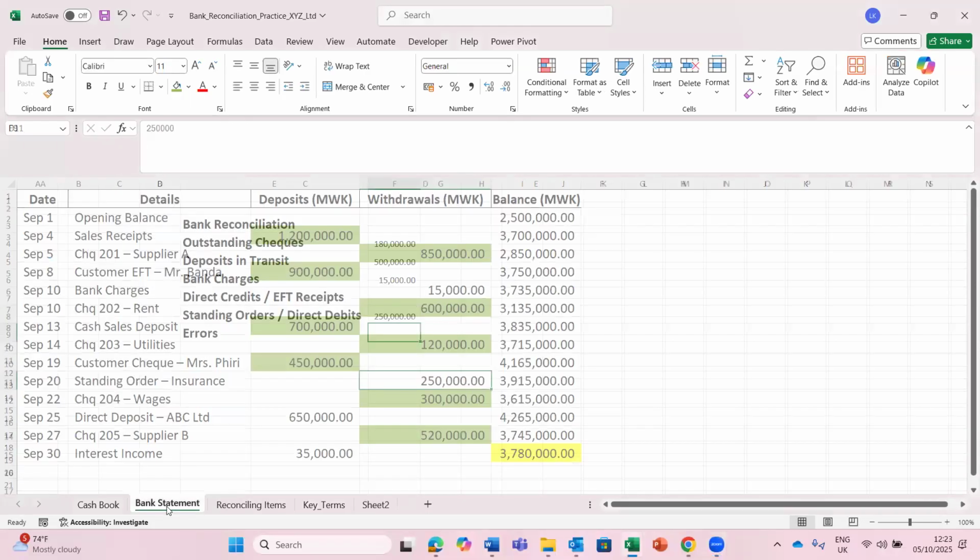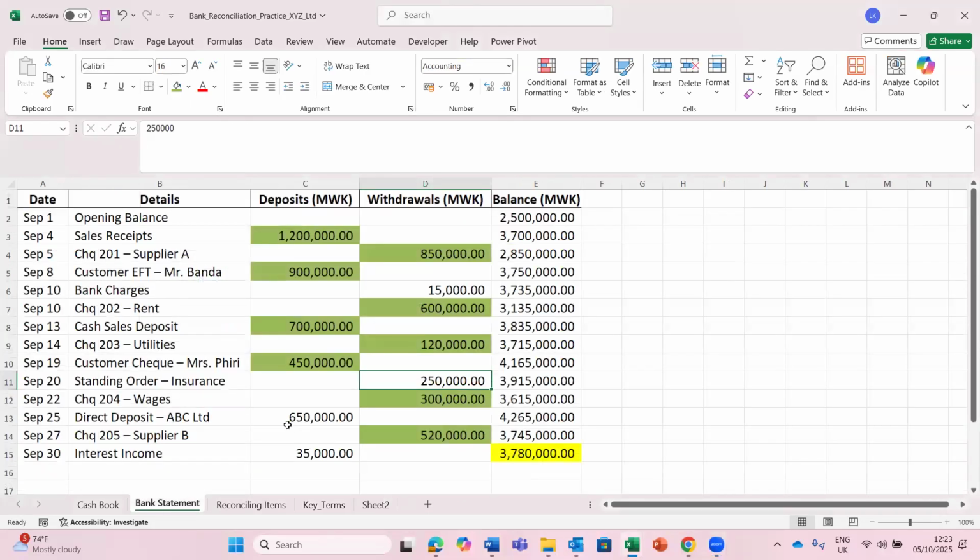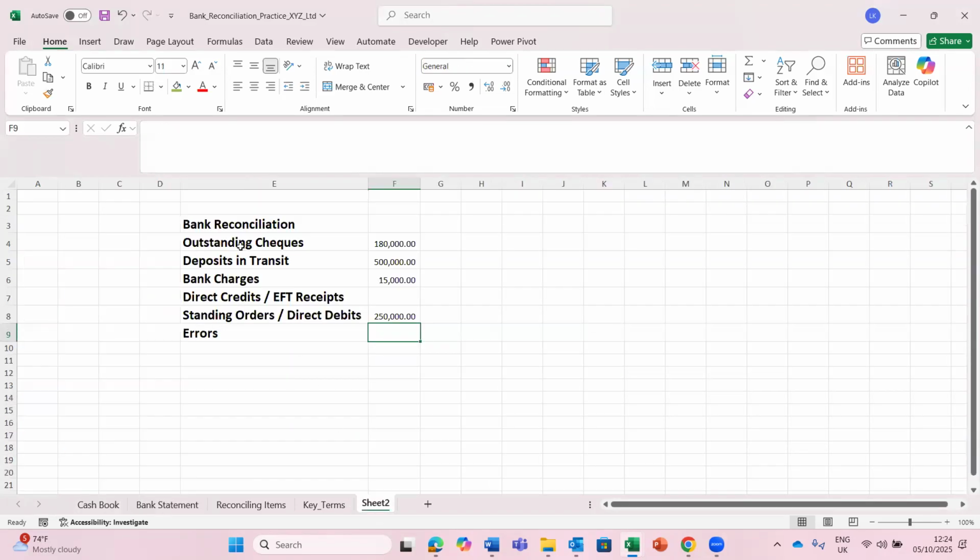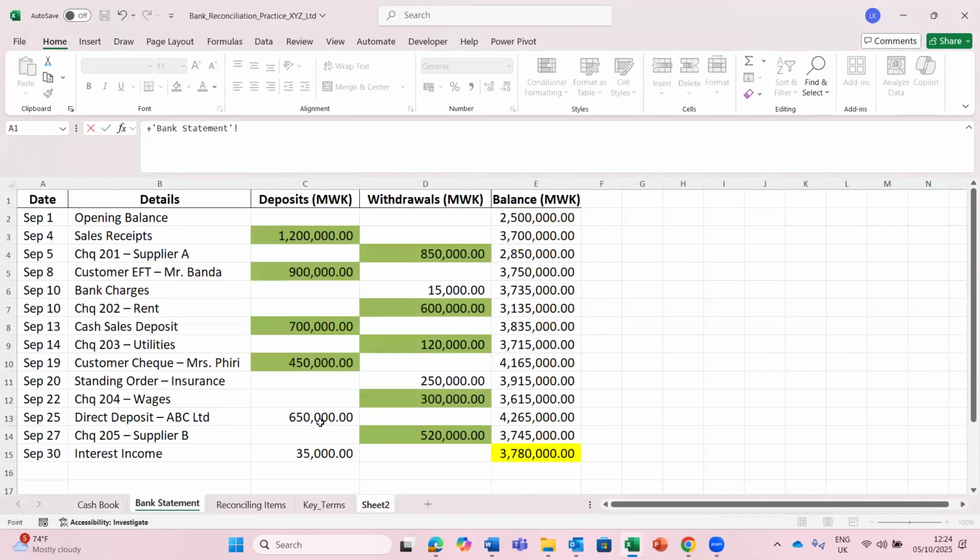And then we have this one, direct deposit. Okay. So a customer deposited direct to our bank statement, but we're not aware of it. So we go to direct deposits, or direct credits. Okay. So that's a direct deposit.